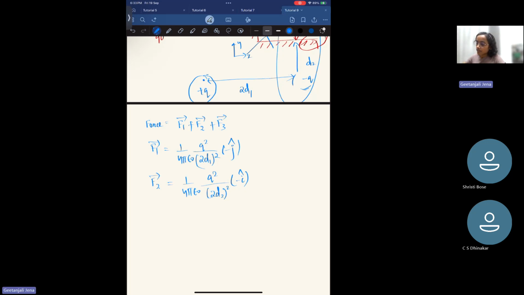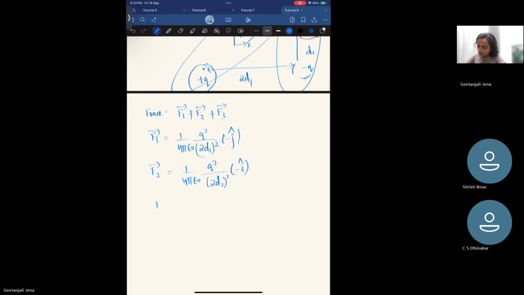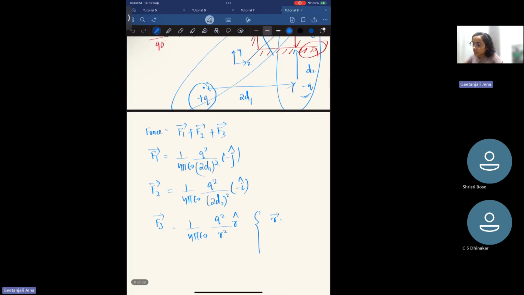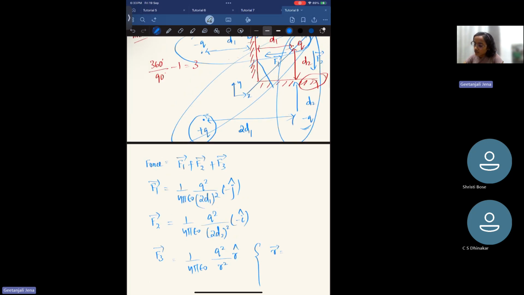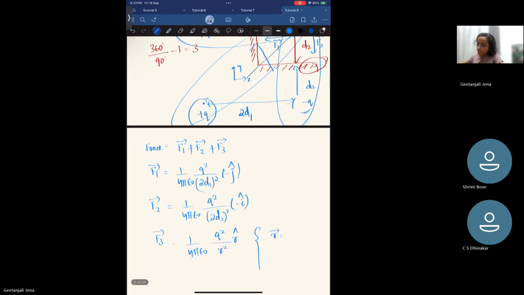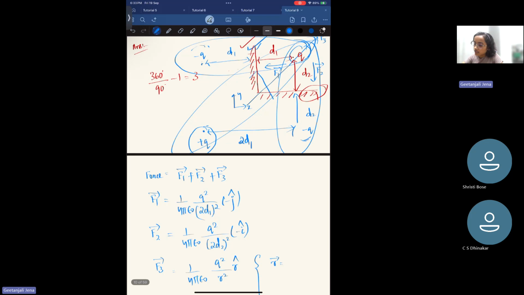Now let us calculate F3, the force between these. So F3, let us say this is 1 by 4 pi epsilon naught, q square by r square, r cap. So the r vector is the position vector, right? So it is at a distance 2d1 and this distance is 2d2.